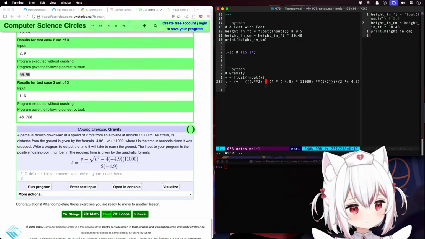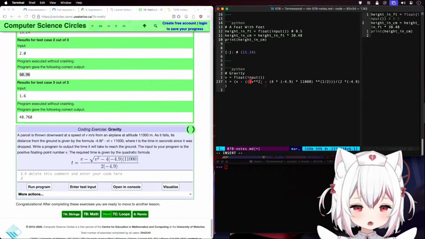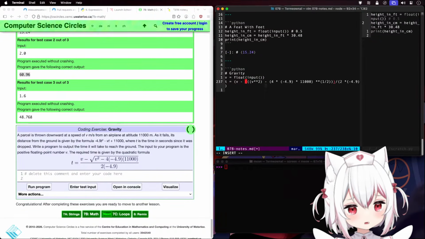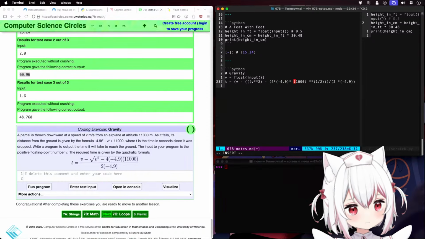This is really terrible. This is so funny, but it's bad, but it's also accurate. We have v squared minus 4 times this times this times this. I think I have to take out the spaces here. And then, so this minus this.